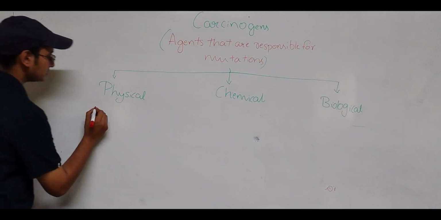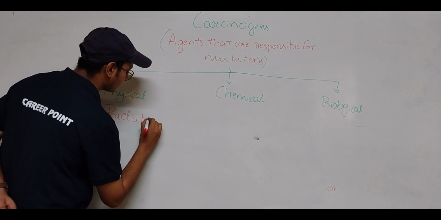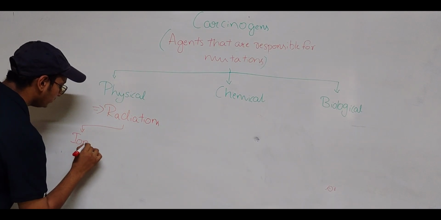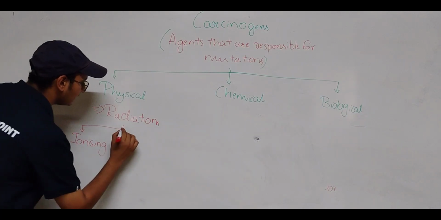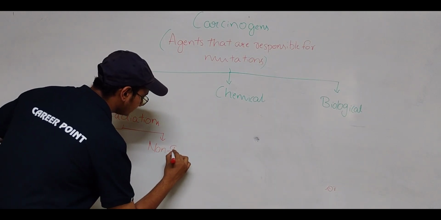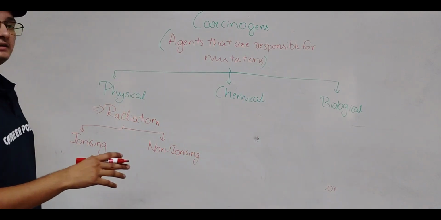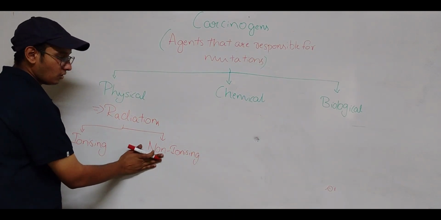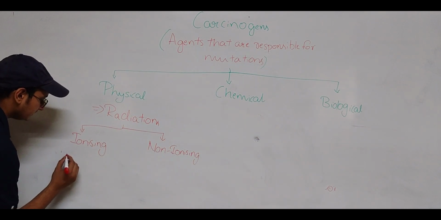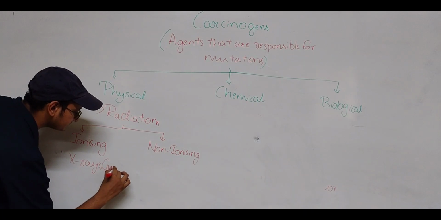Physical agents are mainly responsible because of radiations. So the radiations are of two types: ionizing radiations and non-ionizing radiations. Ionizing radiations can directly alter the DNA, but non-ionizing radiation needs some time of exposure. Coming to ionizing radiations, we have X-rays and gamma rays.